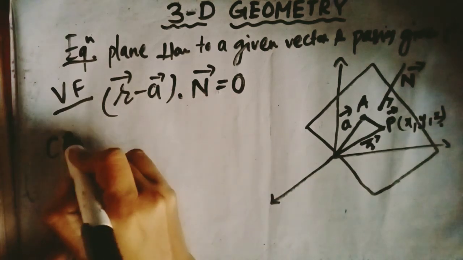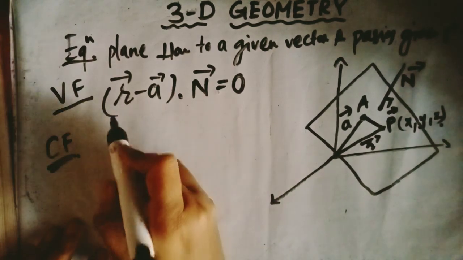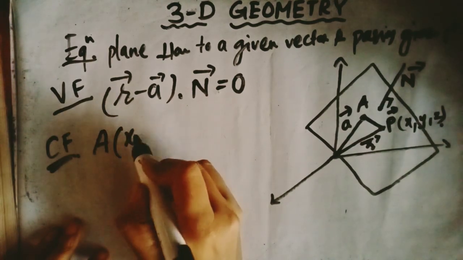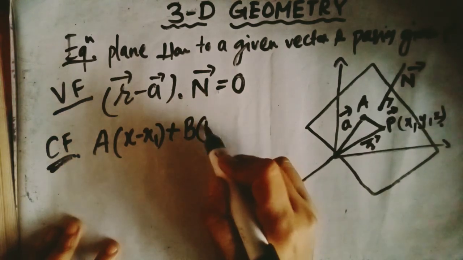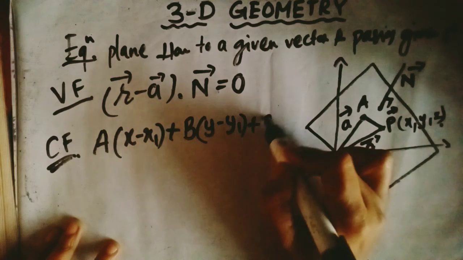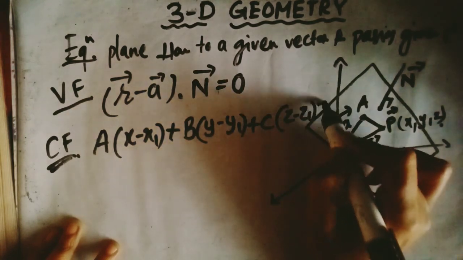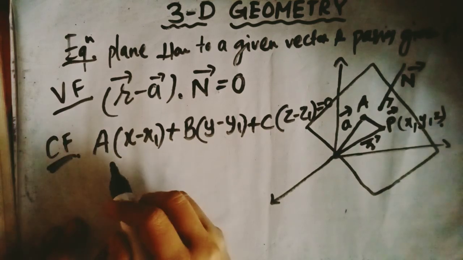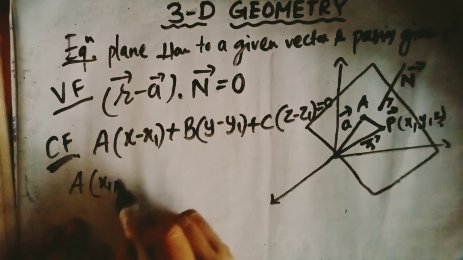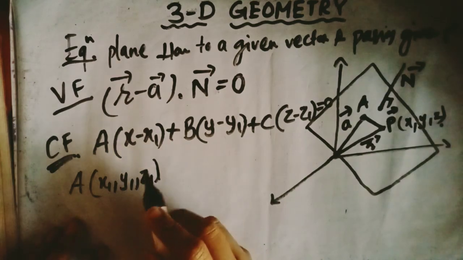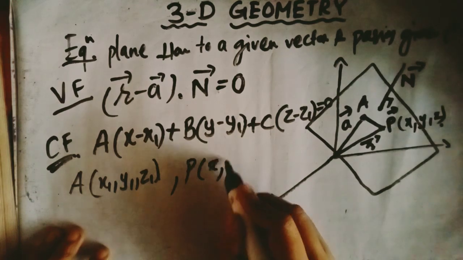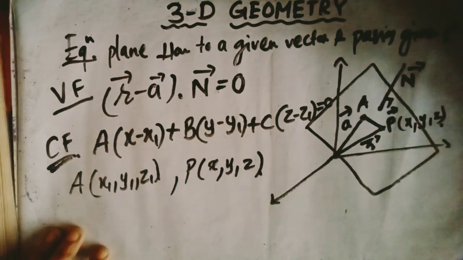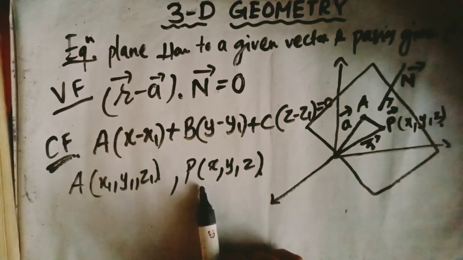In Cartesian form it is given by a(x minus x1) plus b(y minus y1) plus c(z minus z1) is equal to 0. Okay, where A point is x1, y1, z1, okay, and P point is x, y, z. Okay, this is vector A and this is that position vector R.